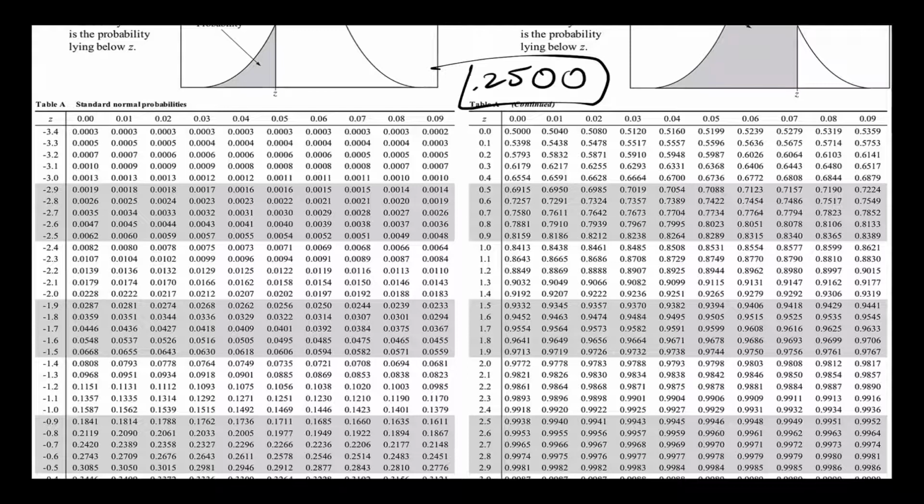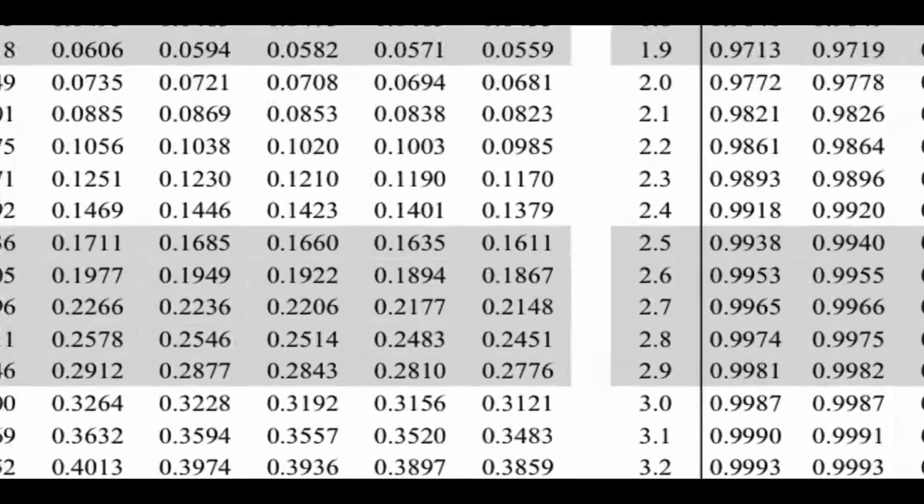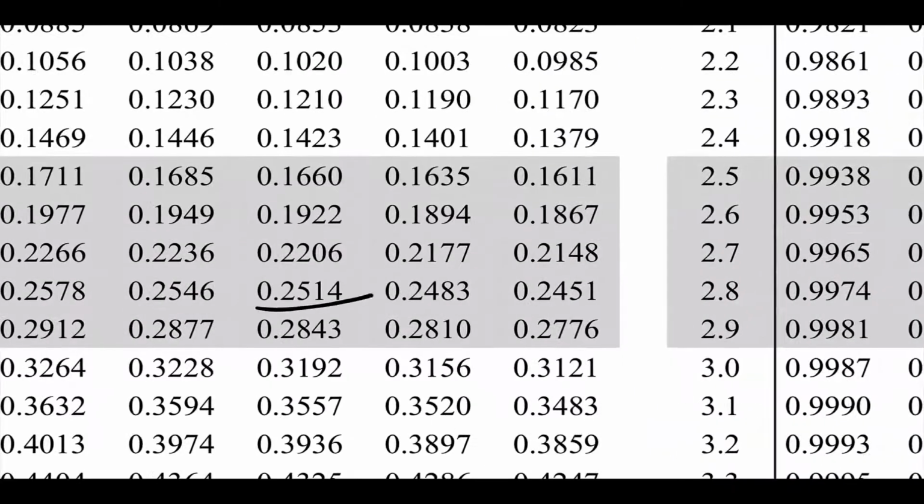The closest one I come up with is one of these two guys: 0.2514 and 0.2483. Which one's actually closer to 0.2500? The first one, barely, but it is. So that's the one I'm going to use.